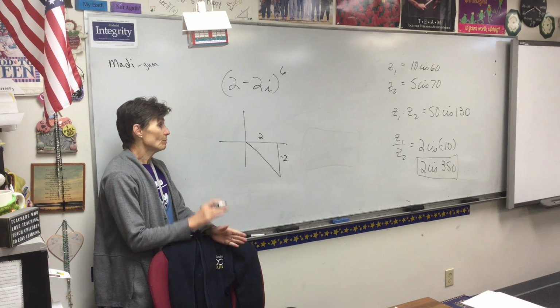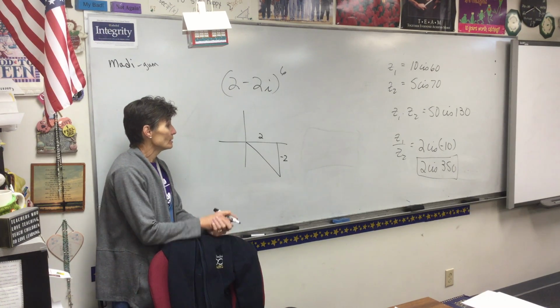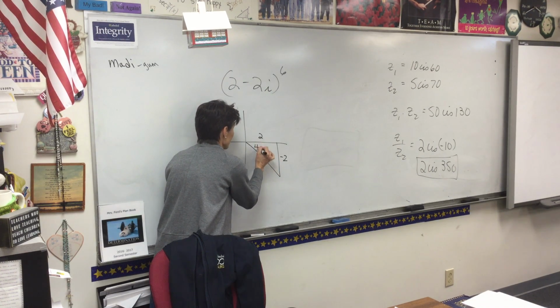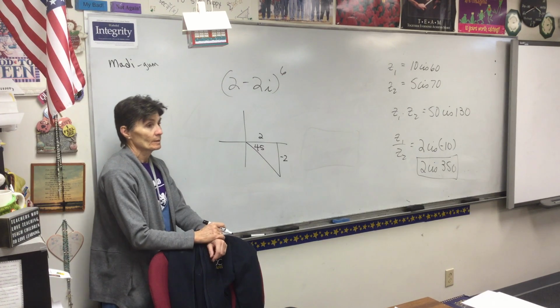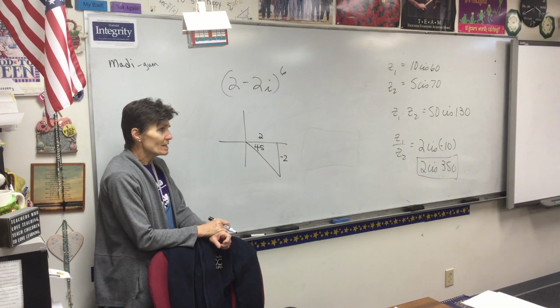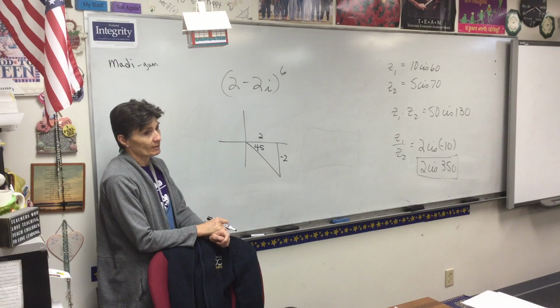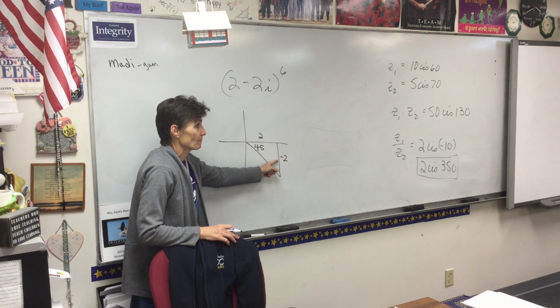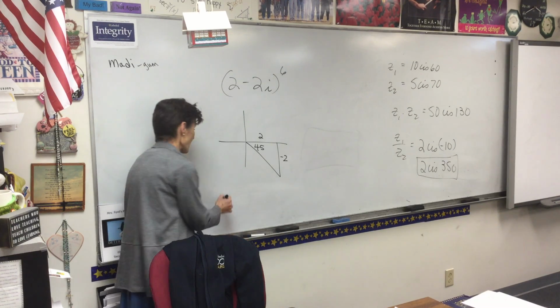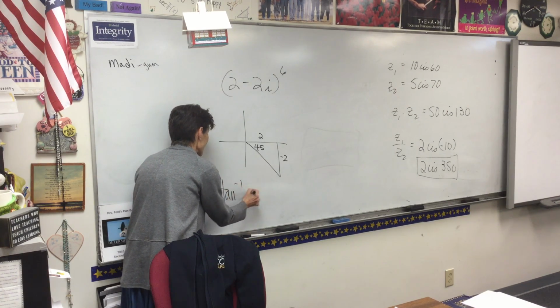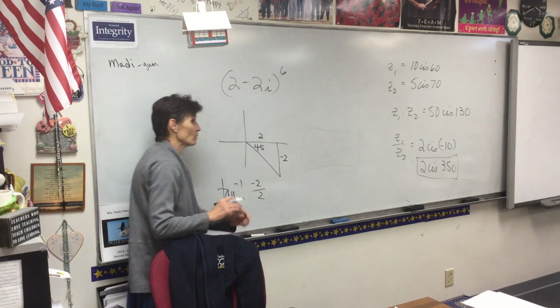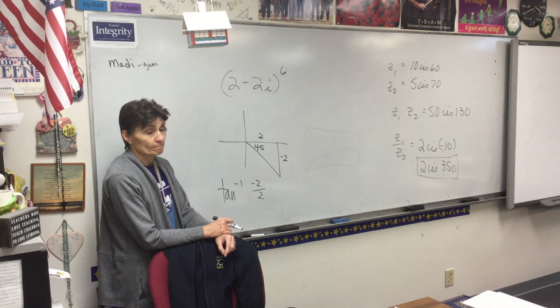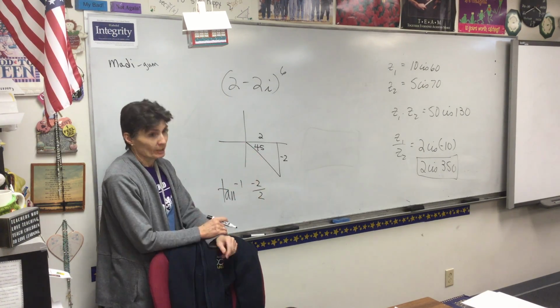Some of you, as you drew the picture, probably immediately put a 45 here. How would we know that there's a 45 there? Because these two numbers match. But if we didn't know that, could we use inverse tangent and get that 45? Yeah. So one way or the other, you're going to get 45.